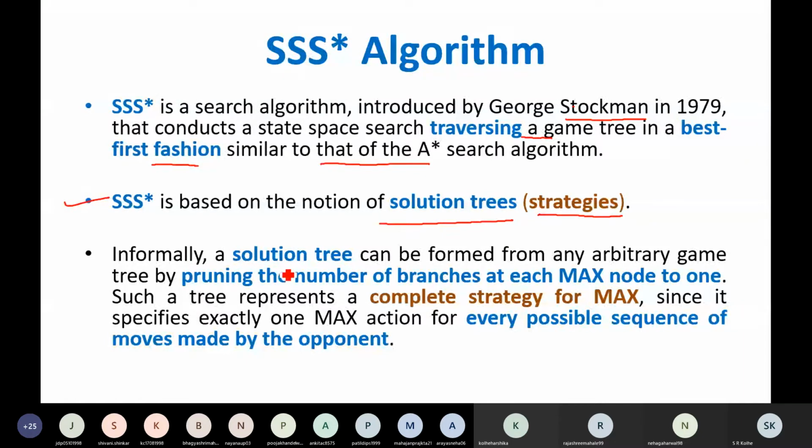The basic idea behind SSS star is the same notion of heuristic search that we have been pursuing in earlier algorithms. That is, refine the best looking partial solution till the best looking partial solution is fully refined. Okay. So informally, a solution tree can be formed from any arbitrary game tree.